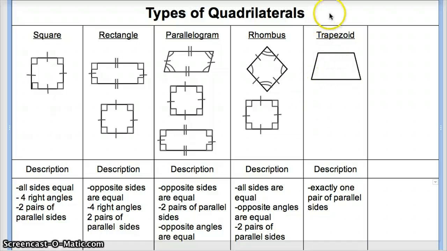If I were to draw straight lines going on here and here, they would eventually intersect somewhere about that spot. So those would not be parallel. All of the things before it do have one pair of parallel sides, but they also have another pair. They have two total. That would not be exactly one. Trapezoid is exactly one pair of parallel sides.